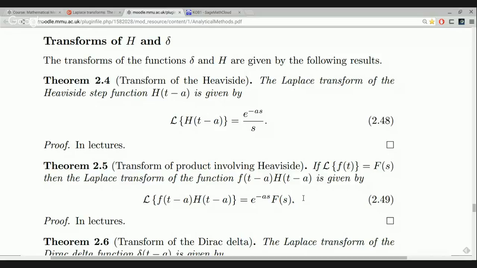The integral is changing u, sending u from 0 to infinity, but this e to the minus sa always has the same fixed value across the whole integral. So it acts just as if it were the number 5 sitting there. So that can pass outside the integral. It's just a fixed constant as far as the integral is concerned. So this goes to e to the minus sa, integral 0 to infinity, e to the minus su, f of u du.